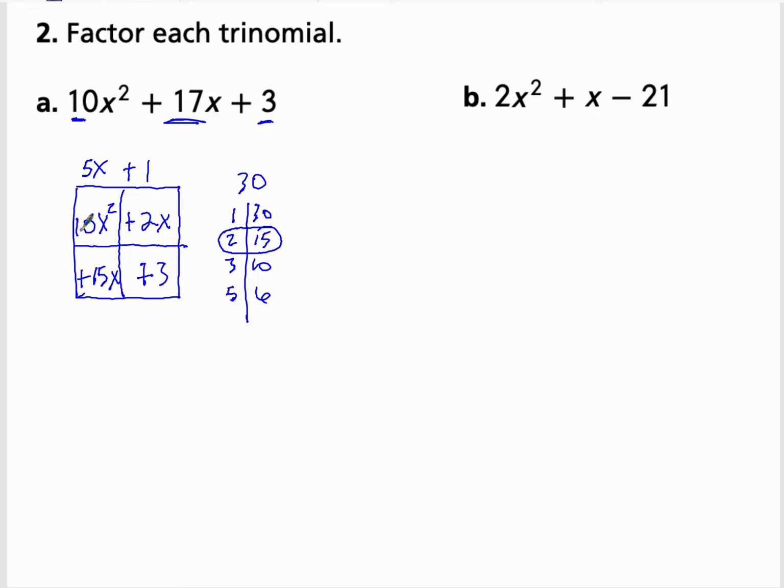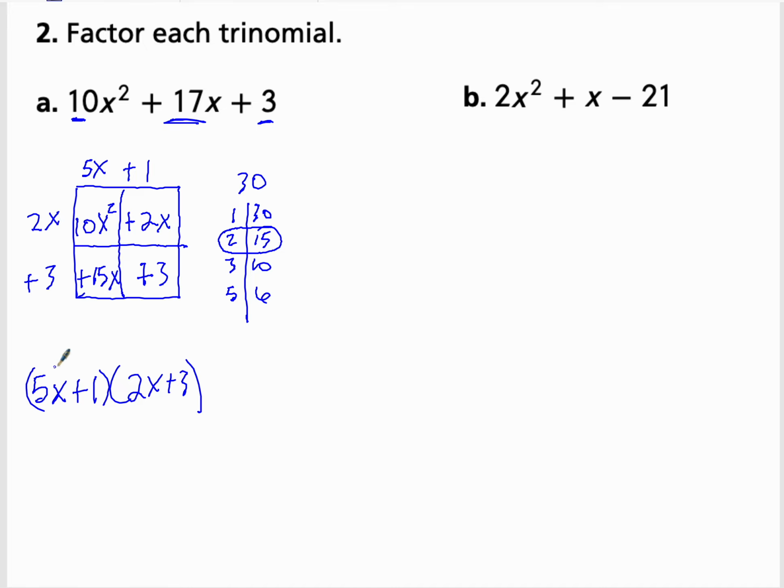And then common factors of 10x squared and 2x would be 2x. And the common factors of 15x and 3 would be 3, so plus 3. So those are my binomials. That's where I need to start. So 5x plus 1 and 2x plus 3.